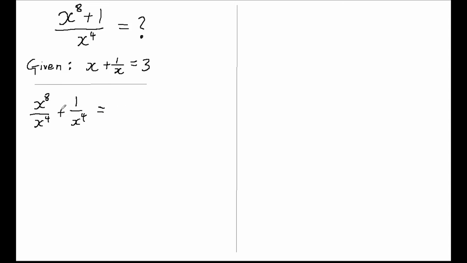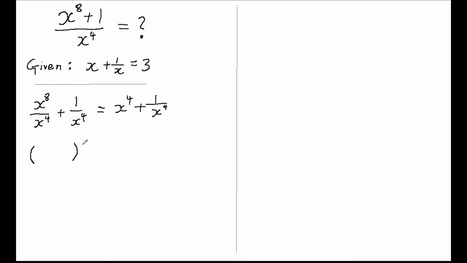This equals, well, x to the 8 divided by x to the 4 is x to the 4 because we subtract the powers, plus we've got 1 over x to the 4 here. Okay, we need to break this down further, so let's try factorising it.